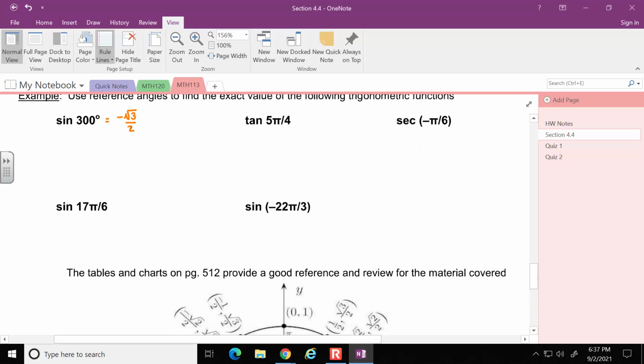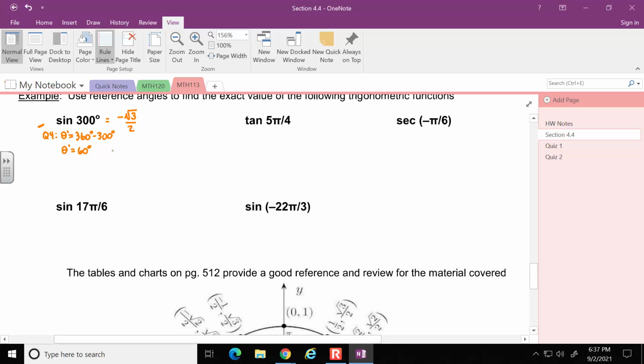The way the book goes through here, they say, let's figure out first off, we're in quadrant 4. So that means my theta prime, in a degree sense, is going to be 360 minus 300. So theta prime is equal to 60 degrees. We're in quadrant 4, so ASTC, sine is going to be negative.